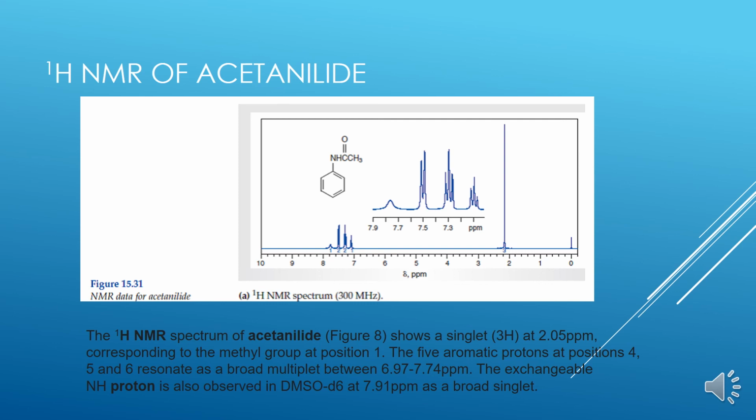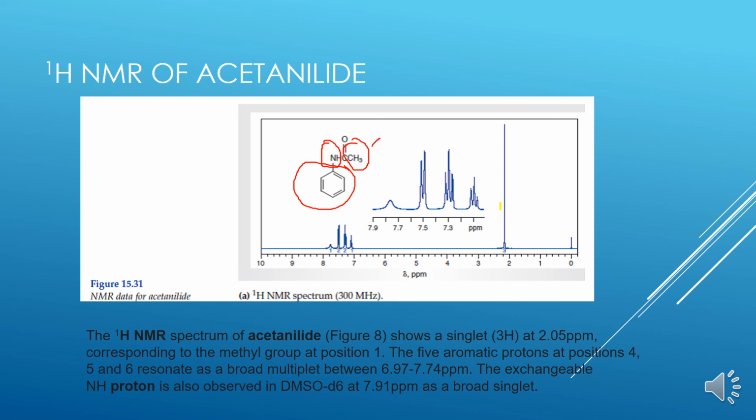Now let us discuss another NMR, the proton NMR of acetanilide. In this, aromatic protons are available, methyl protons, and one more is NH protons. So three different kinds of protons are available here: aromatic protons, NH protons, and CH3.